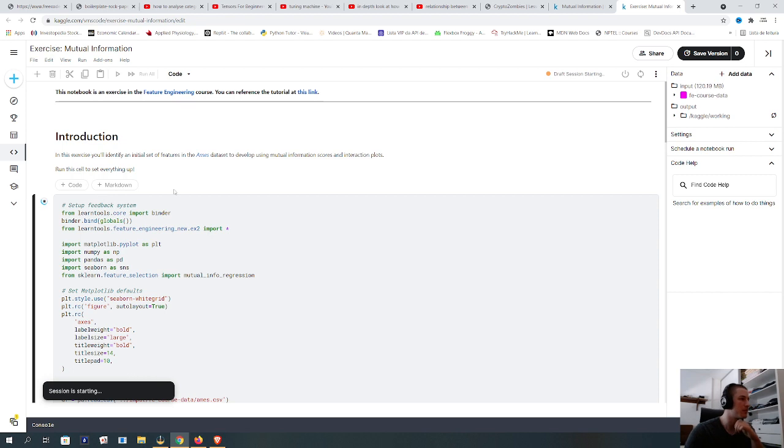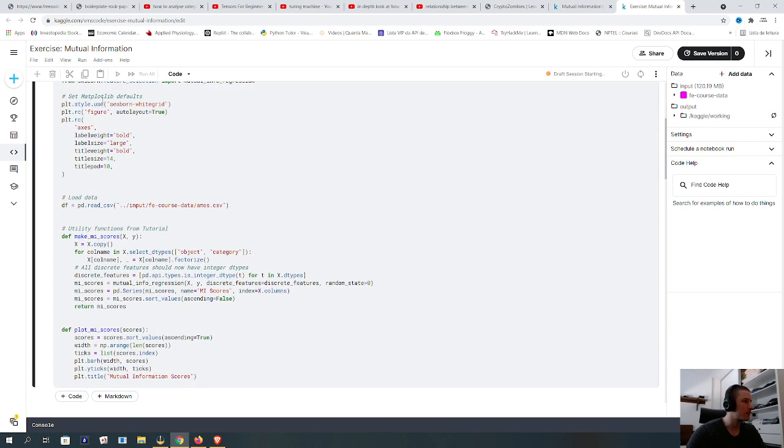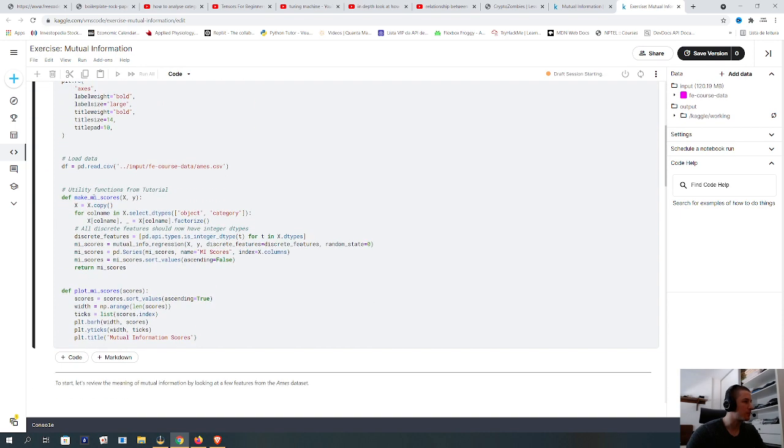So here, it's probably doing the beginning steps: setting up matplotlib, loading data, filtering the data types, should be non-discrete. All discrete features should now have integer data types.